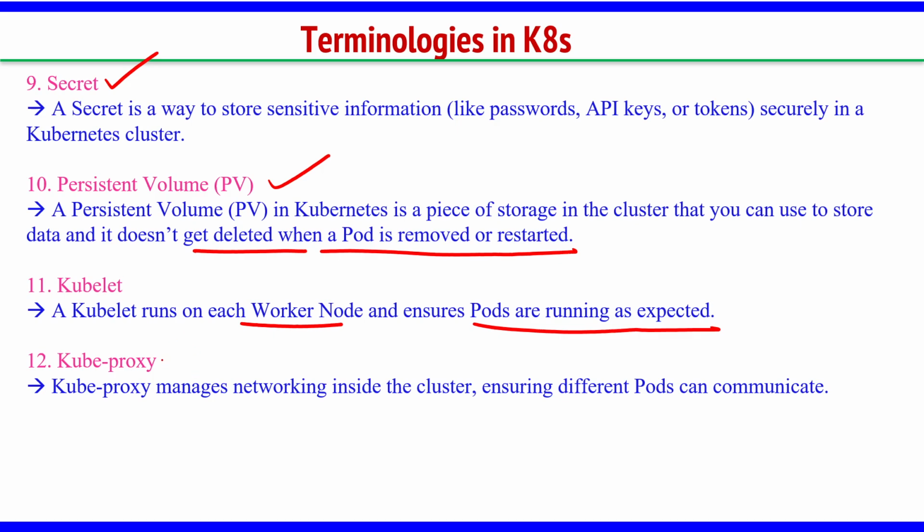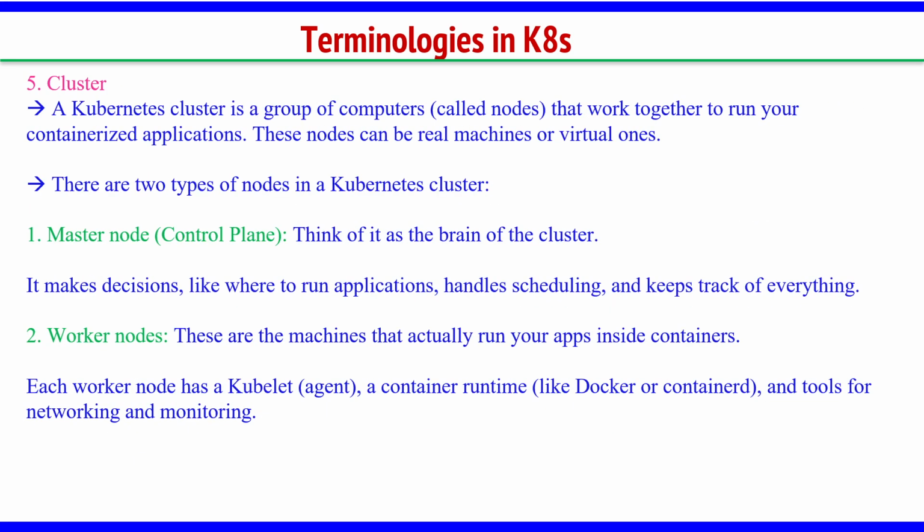And the final one is kube-proxy. It manages the networking inside the cluster, ensuring different pods can communicate. So, pod 1 to pod 2 they have to communicate, then in that case we use kube-proxy, right. So, these are a few important terminologies that we will be frequently talking about when we talk about Kubernetes.